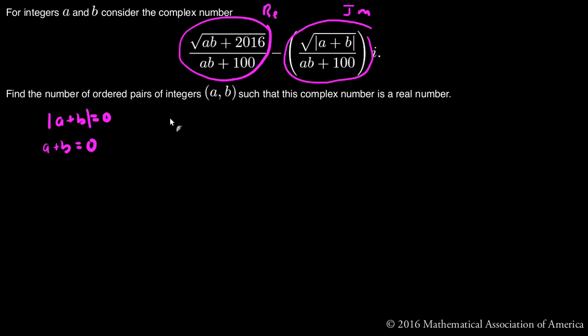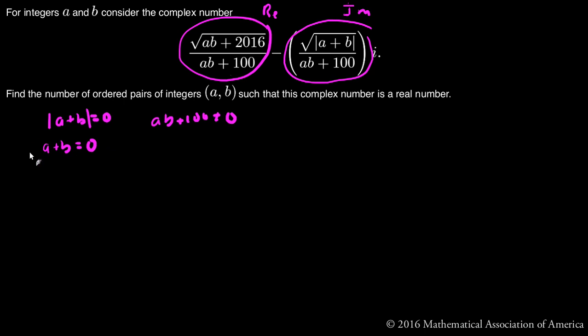But there's an additional problem here, and that is we're dividing both sides by ab plus 100. So in order to make this defined, ab plus 100 cannot equal 0. So I know that ab plus 100 cannot equal 0.